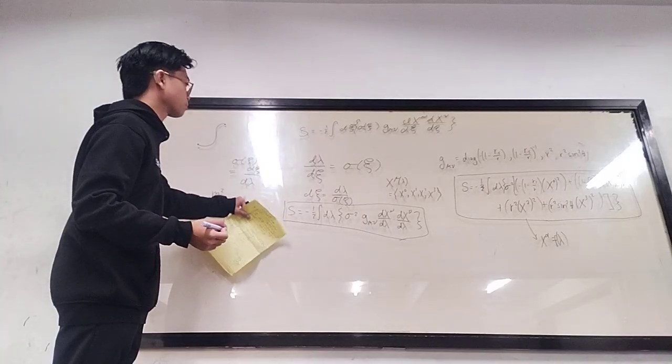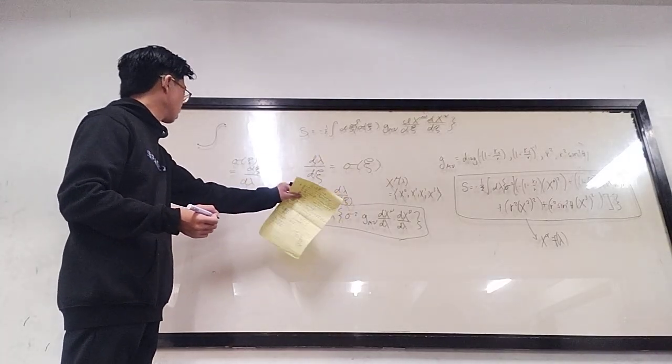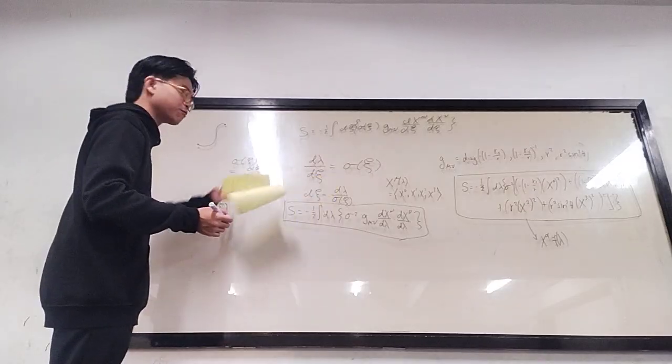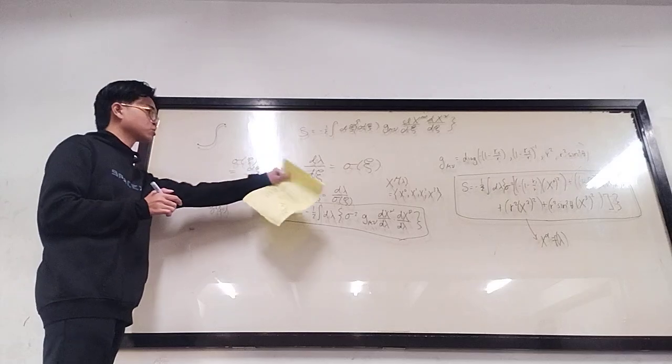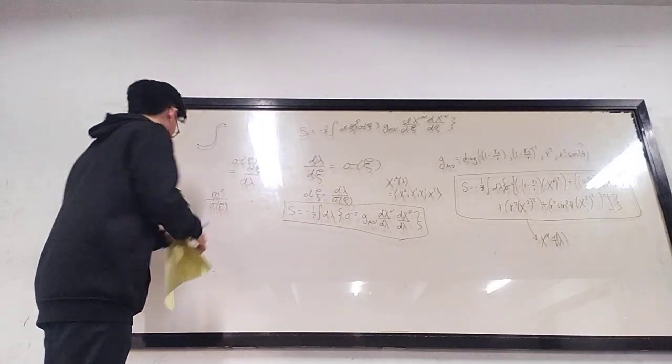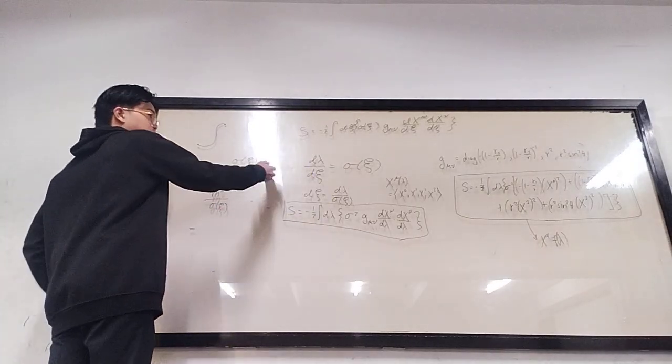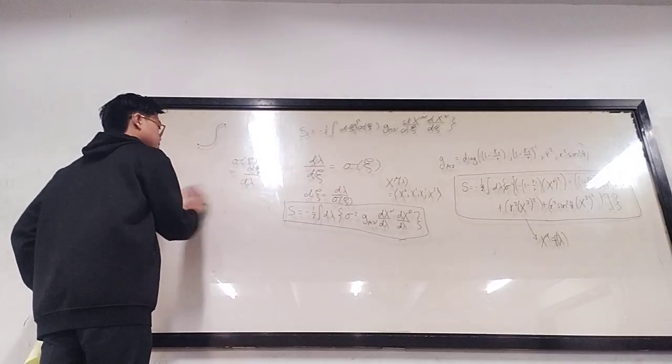But I don't think that would really work, because if we're talking about a massive particle, we cannot use the parameterization I used over here, because we would still have that d psi.